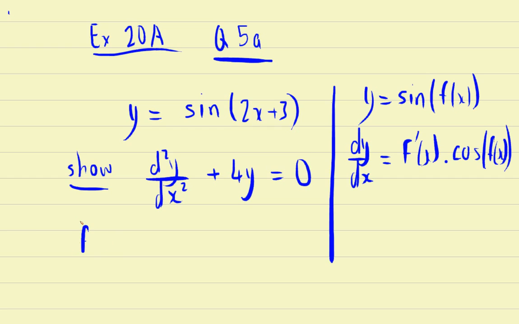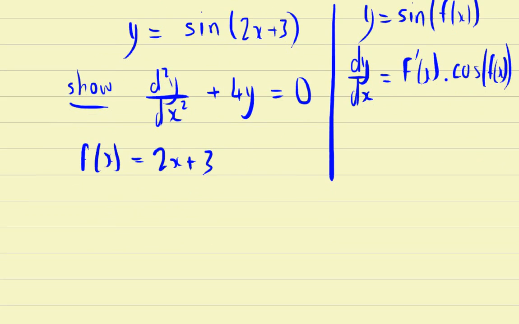So what you could say is f of x is equal to 2x plus 3. It tells the person who's reading this that you've identified what f of x is, and you will differentiate something that would be in that form there. So we'll differentiate that first. So find the first derivative.